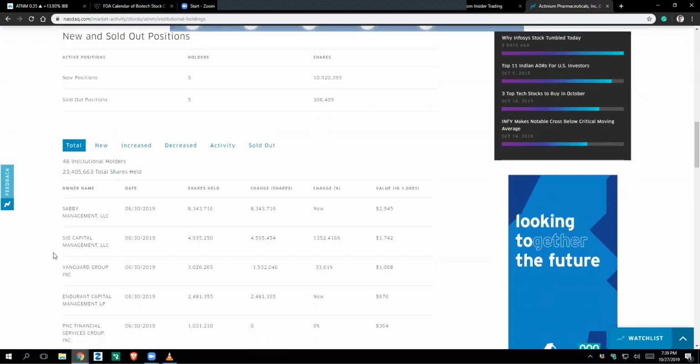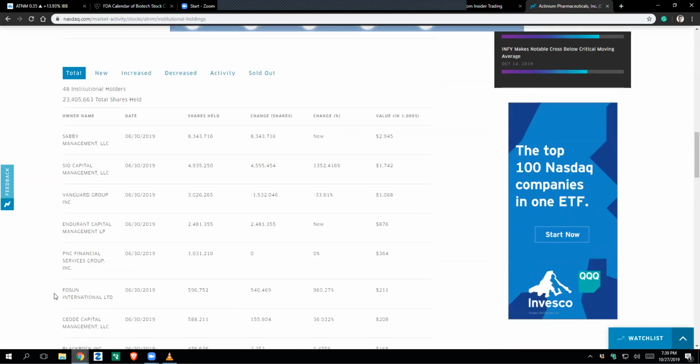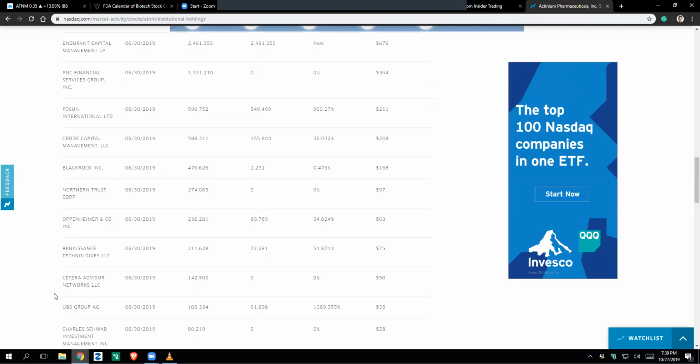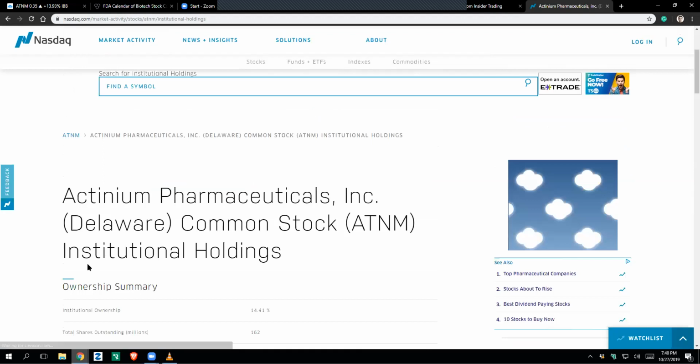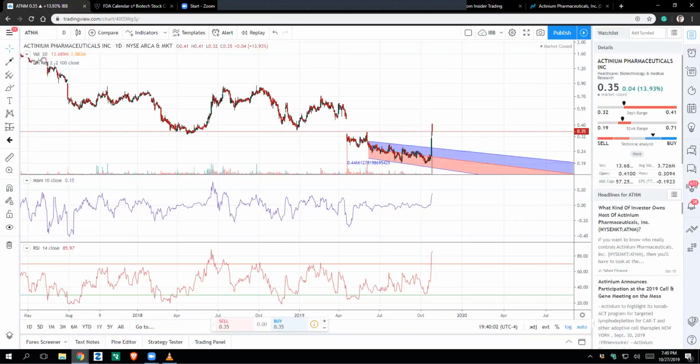So institutional holders, it looks like SABI is a good institutional investor. Small amount, not too much. Not very strong, I would say. Institutional support is not that strong. Data looks good though.